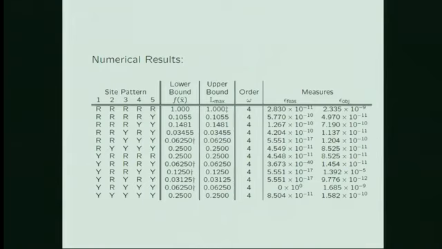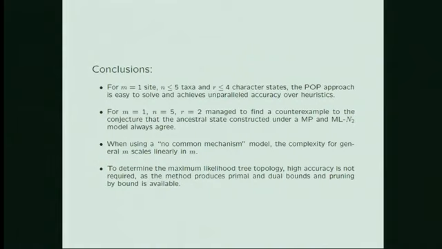In the case of 5 taxa. The 6 taxa is a bit more challenging. But in conclusion, I can say that this approach achieves unparalleled accuracy over heuristics, because the heuristics that people use in this field are what they call hill climbing, which is kind of a steepest descent method, or steepest ascent, if you will.